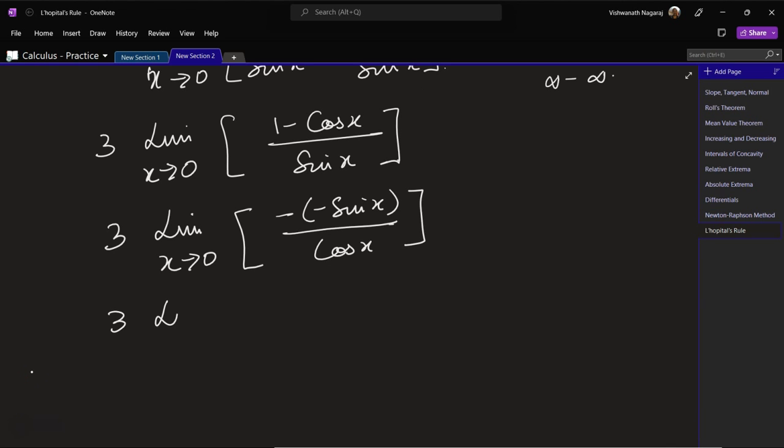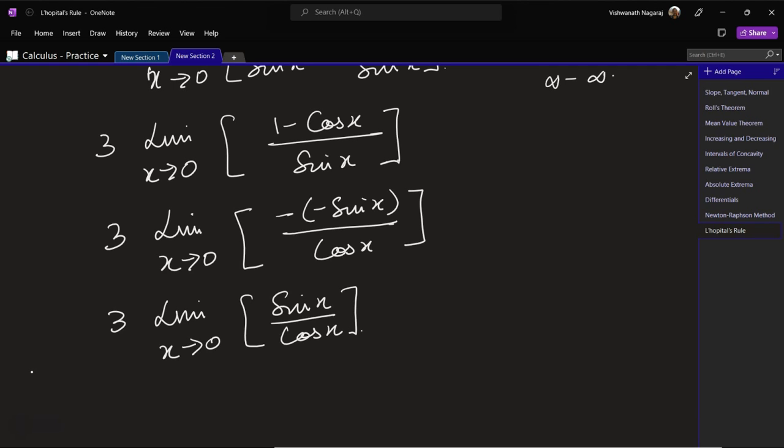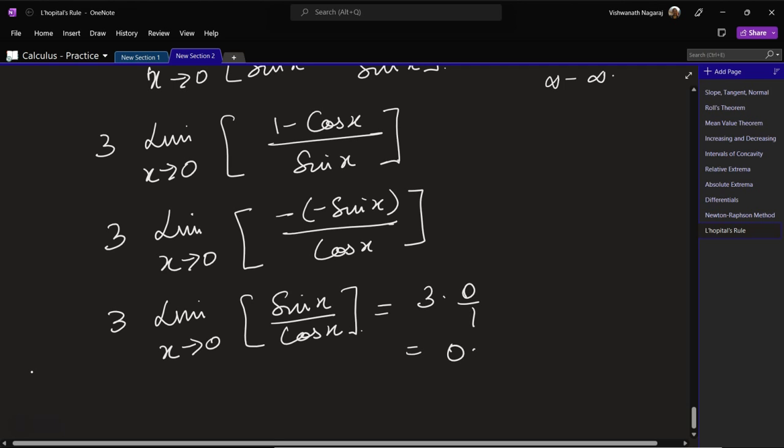Which gives us 3 times limit as x approaches 0 of sine x by cos x. And now if we take the limit, what happens? Sine 0 becomes 0, cos 0 is 1. So we get 3 times 0 by 1, which is equal to 0.